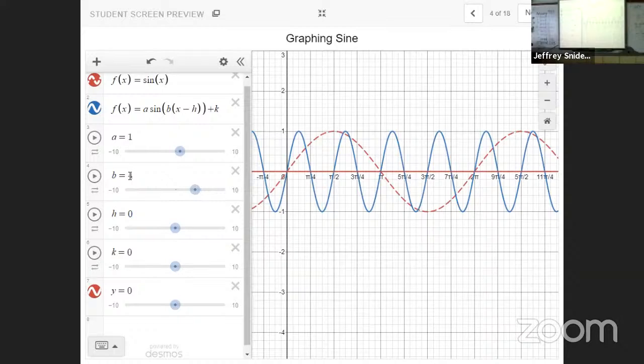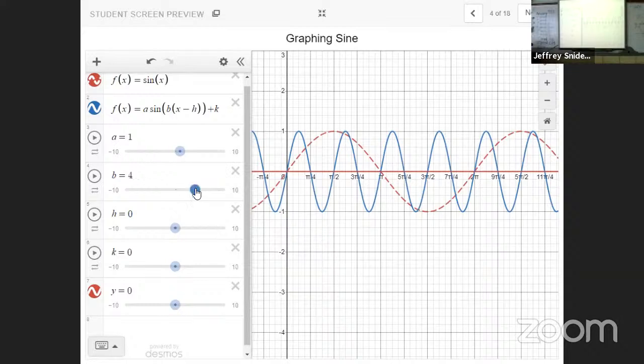Again, this just changes how quickly it goes through a period because it's a horizontal compression. It didn't change the amplitude or where the midline was. All it did was smush it horizontally together, like an accordion or a slinky. If you push a slinky together, that's what it did.